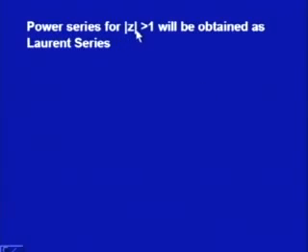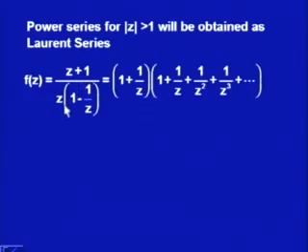But the power series for modulus z greater than 1 will be obtained as a Laurent series, and for this we write down the denominator in this form. I have taken z outside. So, it is 1 minus 1 upon z in the denominator, and here we expand the numerator also, z can be taken out. So, it is 1 plus 1 upon z in the numerator, and the denominator is expanded as this.